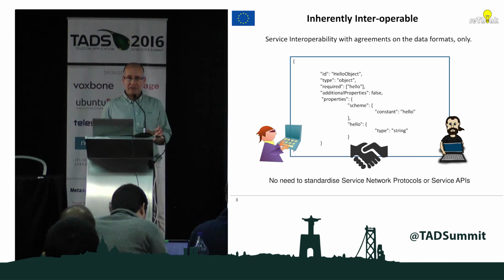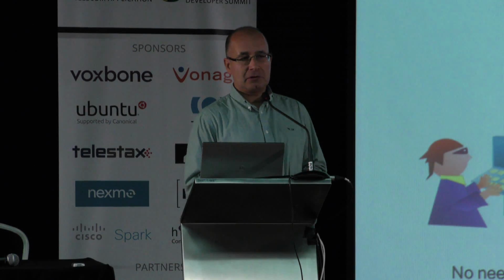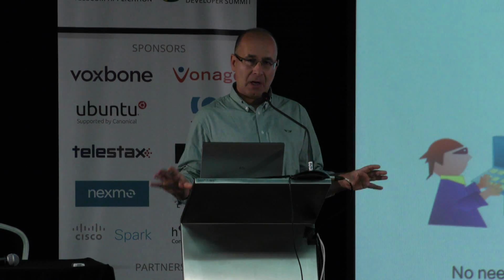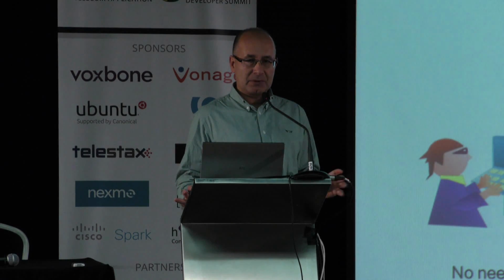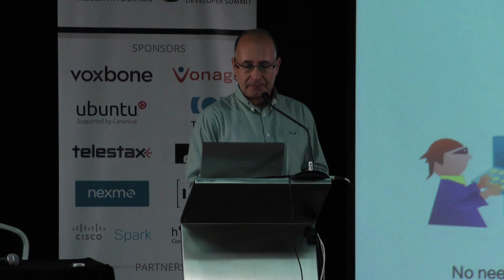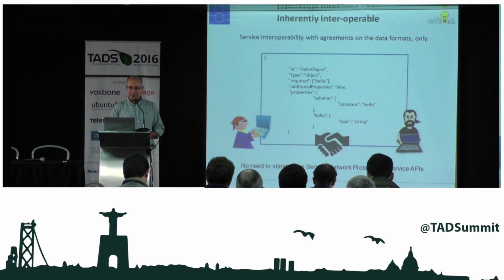We don't need to standardize protocols or service APIs in order to have two hyperties talk to each other. Just the data format is required to be in common. And to formalize and describe the data format, we are using JSON schema. It could be something else, but we have decided to use JSON schema.